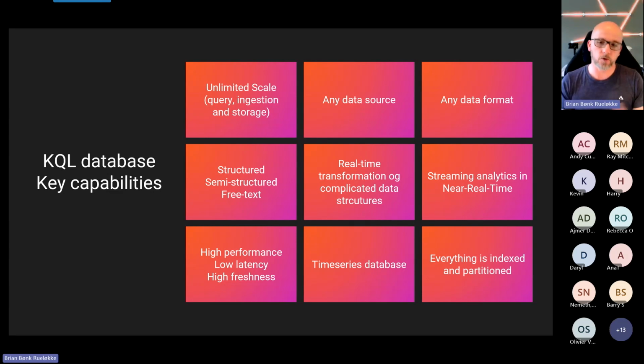So whatever data format you have, JSON, HTML, CSV, columns and rows, it can handle it. Just put it towards the service and it will be stored there. You don't need to do transformation before you need it. It is at query time you do your transformation and the queries will perform if you write it correctly.